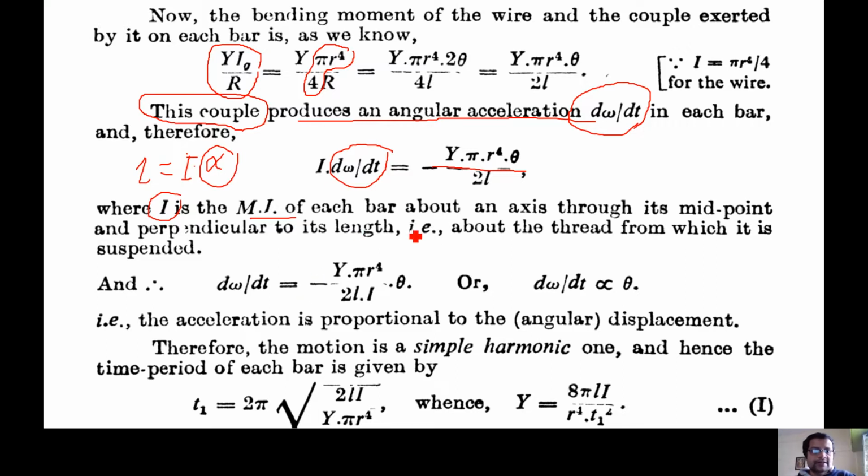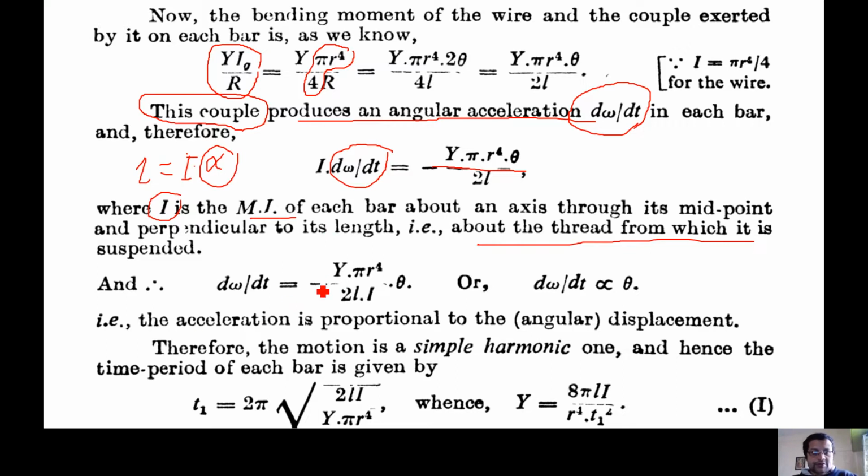Therefore, they have a resultant moment of inertia with a value I, about the thread from which it is suspended. Thread generally means, if it is a steel wire, they are suspended with steel threads. It is not like a simple thread.